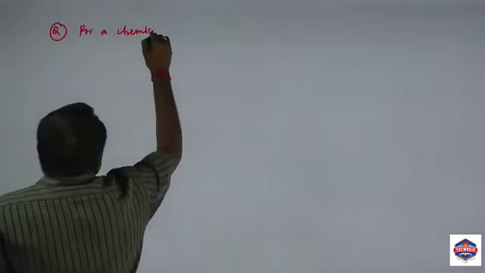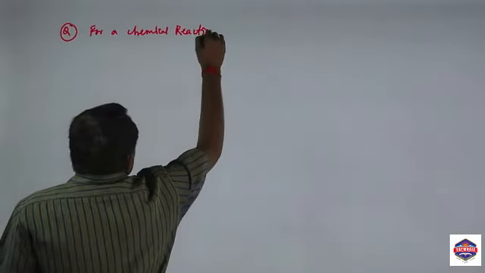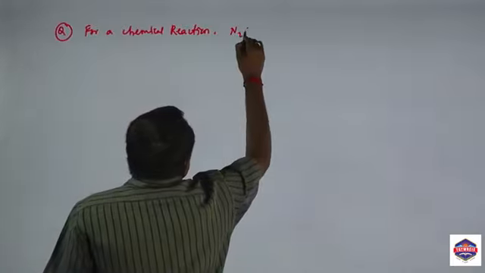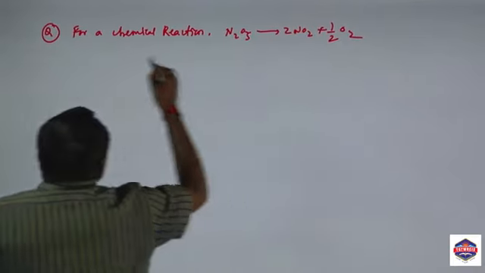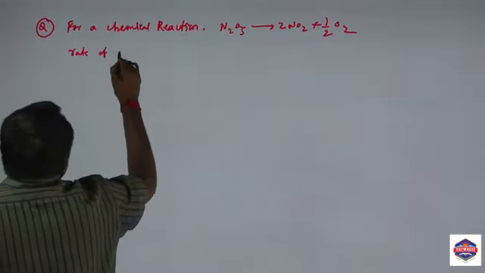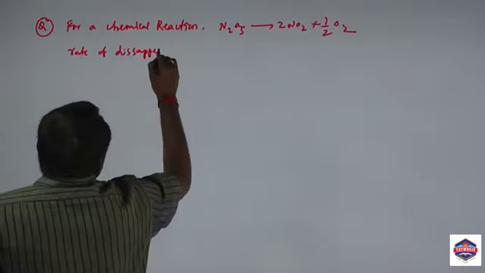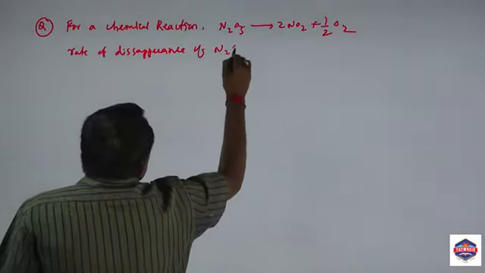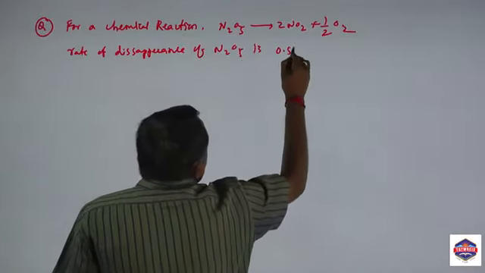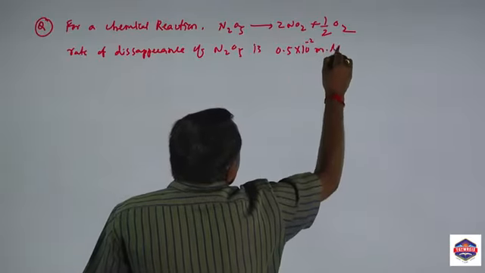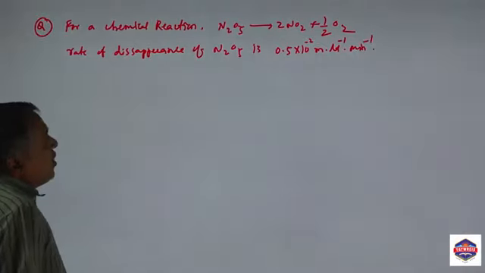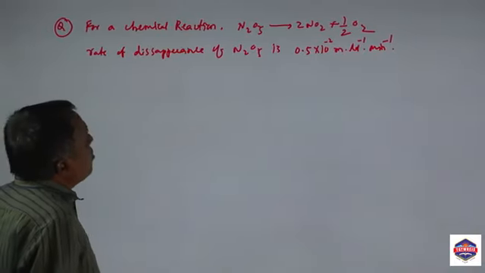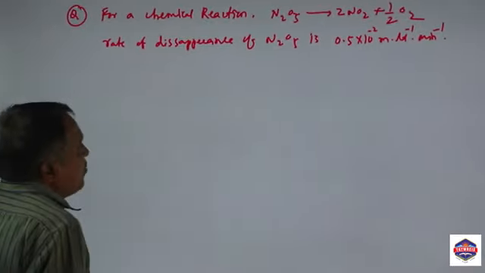For a chemical reaction, N2O5 gives 2NO2 plus half O2. The rate of disappearance of N2O5 is 0.5 into 10 to the power of minus 2 mole liter inverse minute inverse.